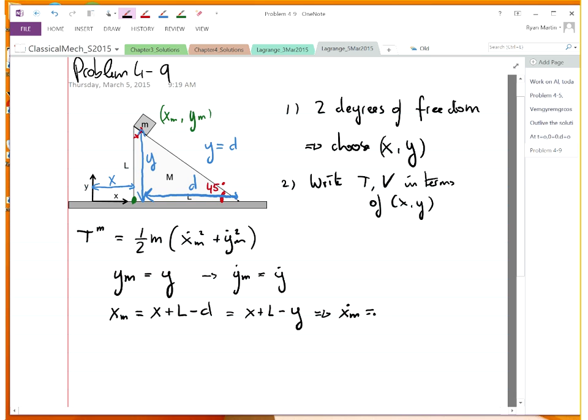So then Xm dot is equal to d by dt of X plus L minus Y, which is X dot minus Y dot, because L is constant.